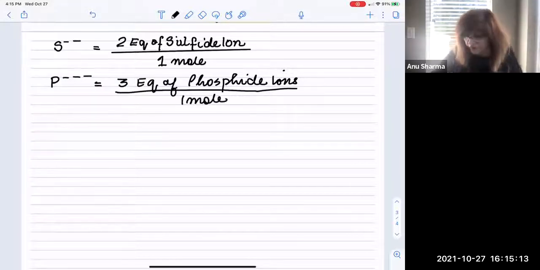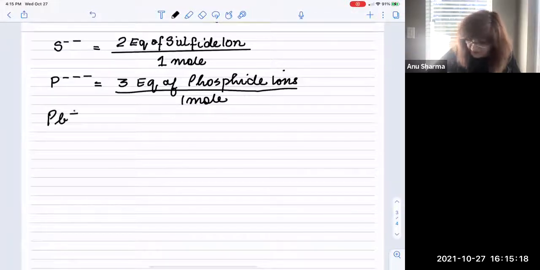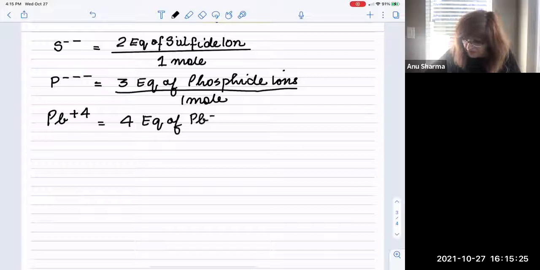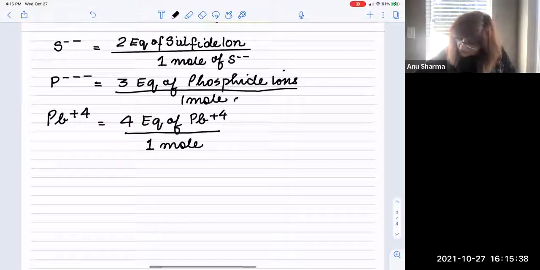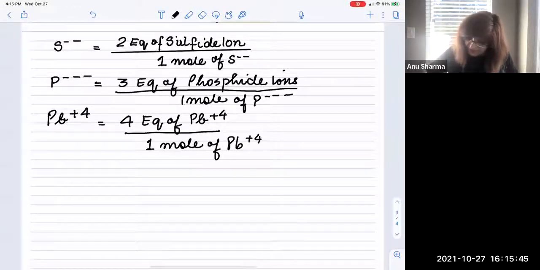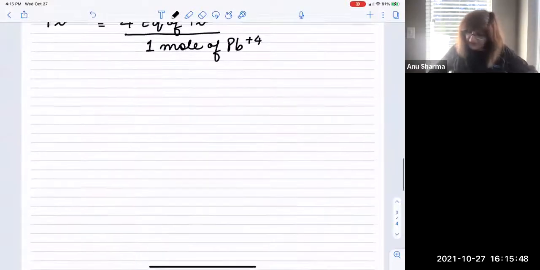And if you have, for example, lead with +4 charges, then it becomes 4 equivalents of lead ions in the +4 state present in 1 mole. So here is 1 mole of sulfide ions, 1 mole of phosphide ions, and 1 mole of lead +4 ions. Okay, so this is the way you do this part.